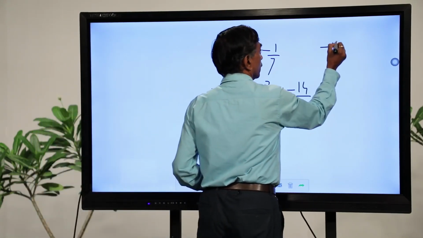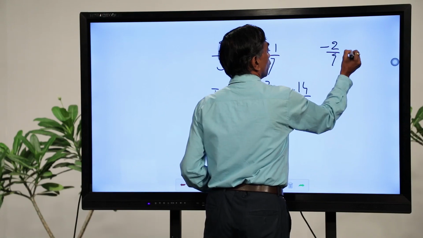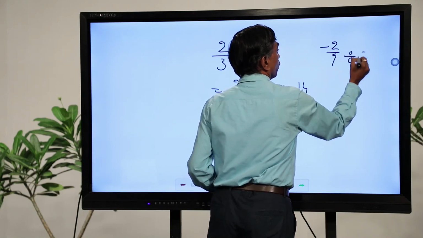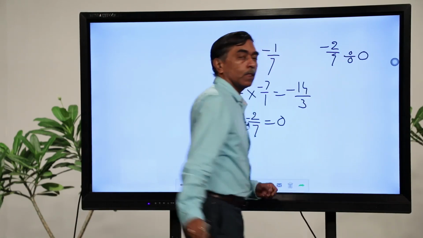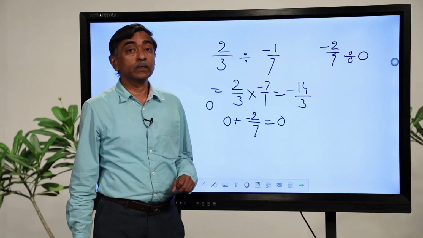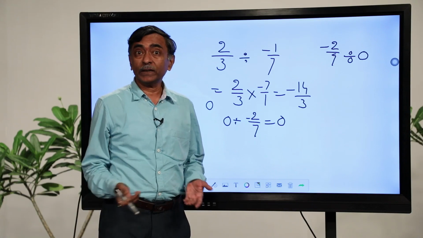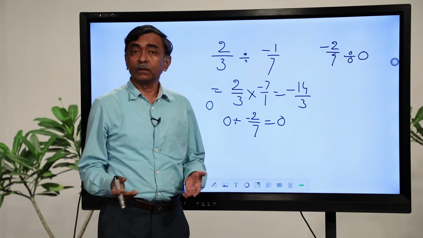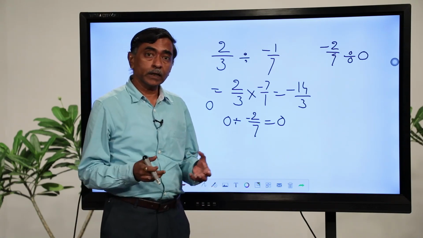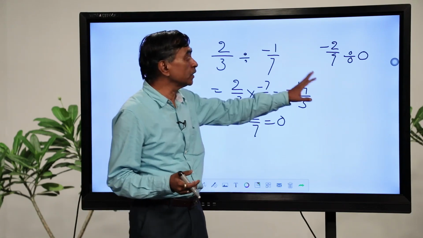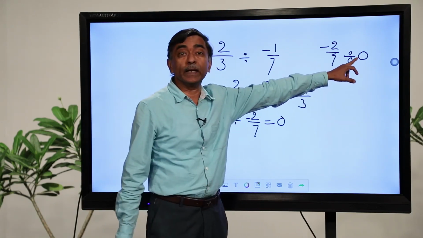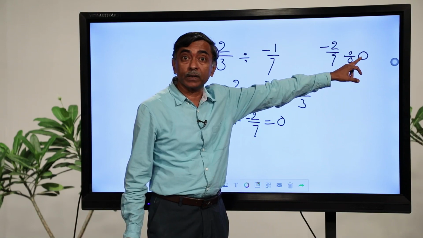Minus 2 by 7 divided by 0 will not be defined. Any number divided by 0 is not defined. So, the collection of rational numbers in general is not closed under division because of this one number, 0.